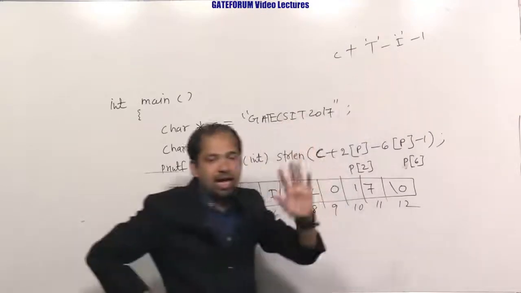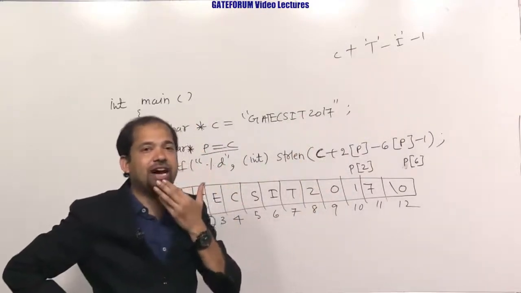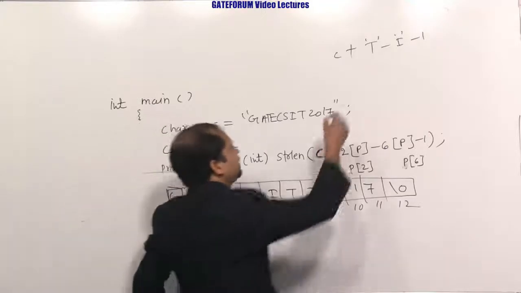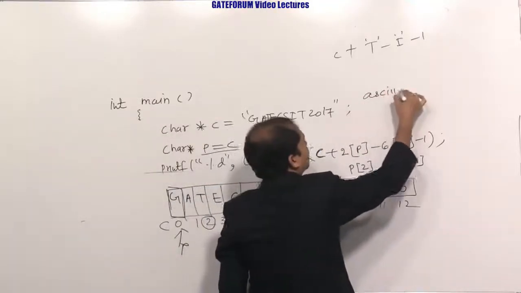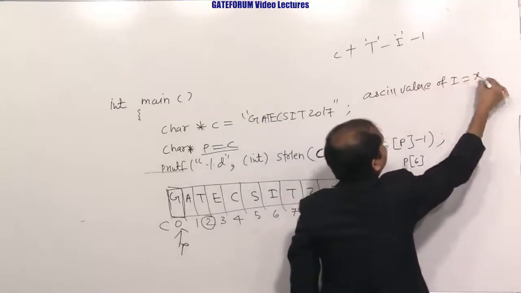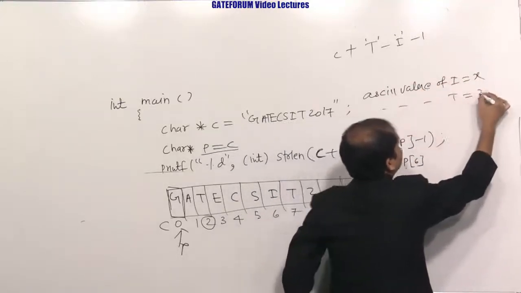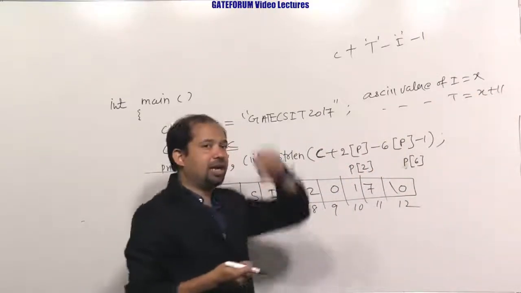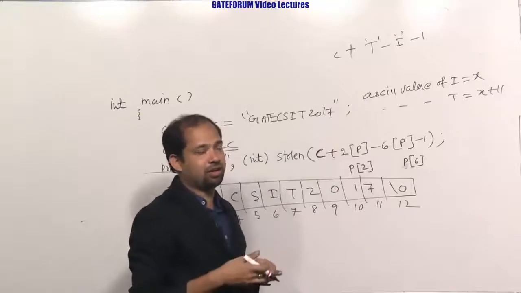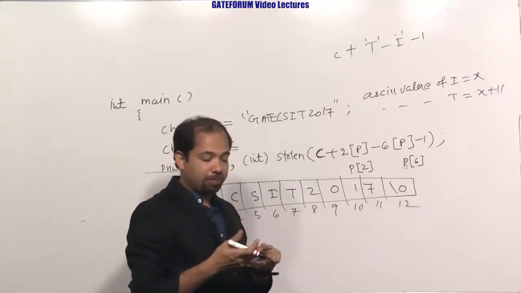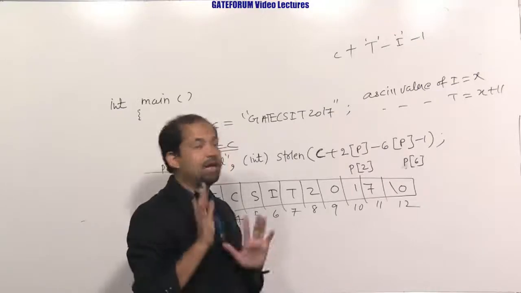Suppose the ASCII value of I is X. No need to remember the ASCII value, so the ASCII value of T will be X plus 11, because if you see, after I, at the 11th position it is T in alphabetical order: I, J, K, L, M, N, O, P, Q, R, S, T. So 11th.